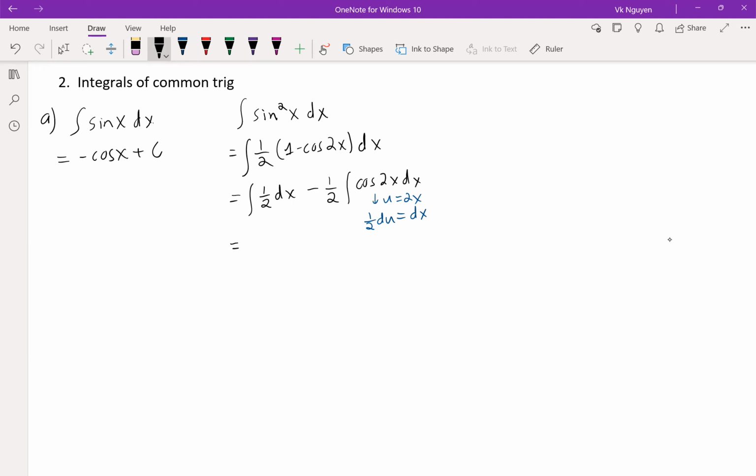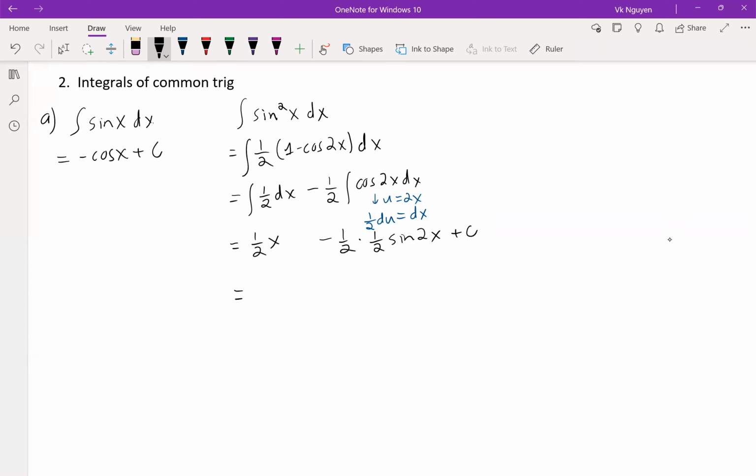Integral of 1 over 2 is half of x. And for this one, it would be negative half of the antiderivative of cosine, which is sine. Well, then we have a half, so multiply to half of sine 2x. And we only need a plus c, because plus c1, plus c2 is just another constant, c.